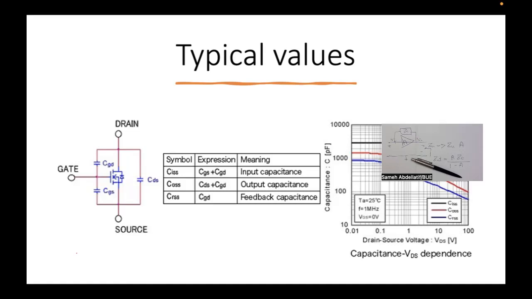So if you are adding something in microfarad with something in nano or picofarad, this will relatively not affect the overall capacitance of your circuit. But on the other hand, I'm going into CMOS technology. If you remember, we have already talked a lot about CMOS technology in this course, as well as in other previous courses.